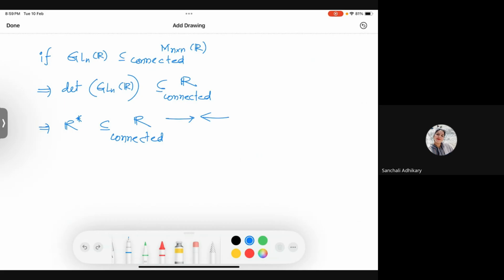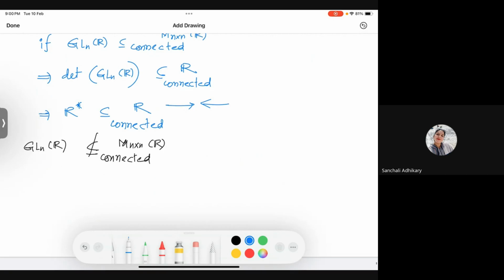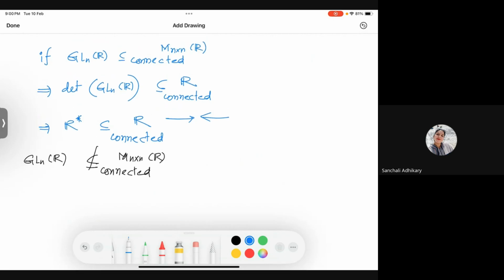That's why GLnR is not connected in M n by n over R. Now observe one thing. The determinant is my f.